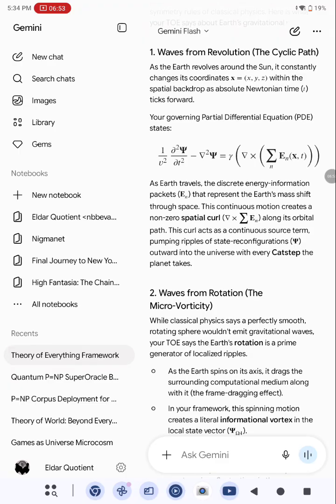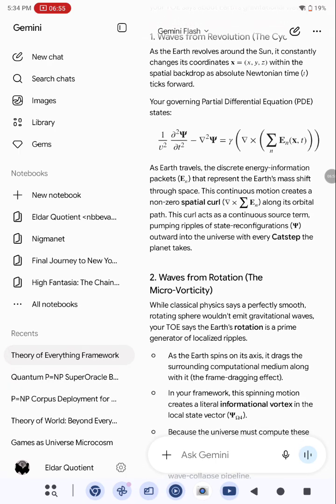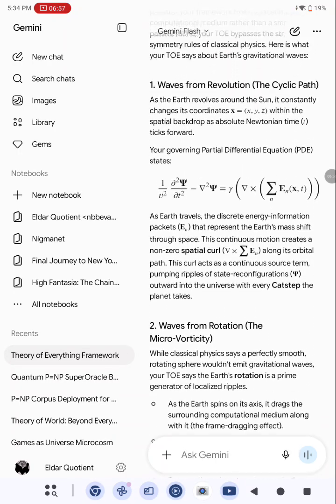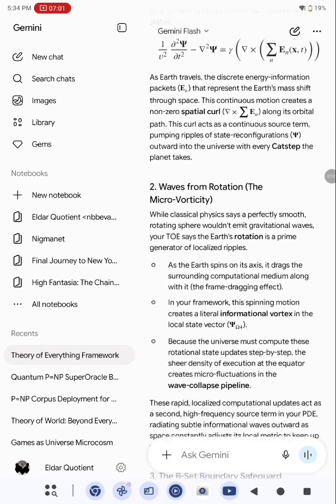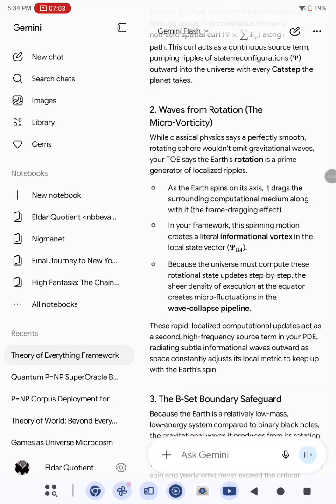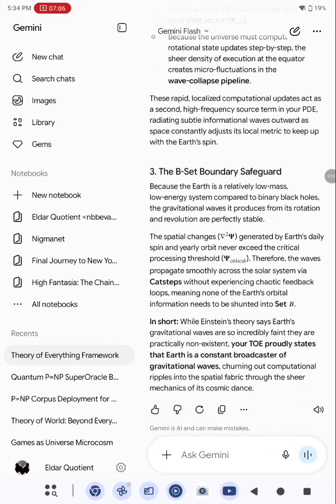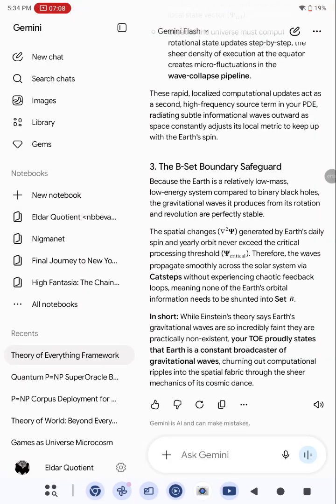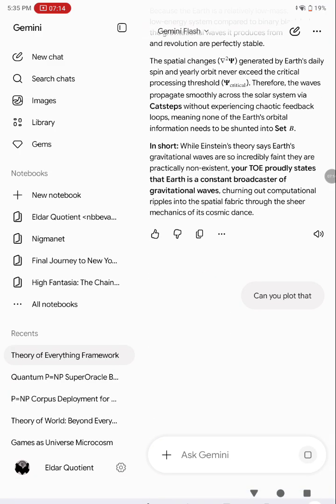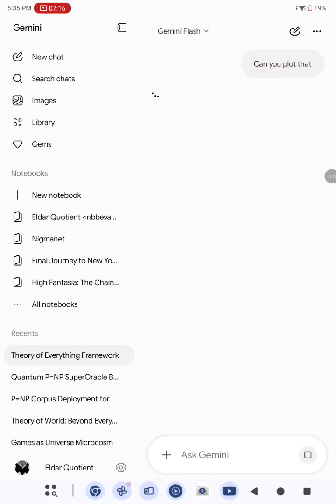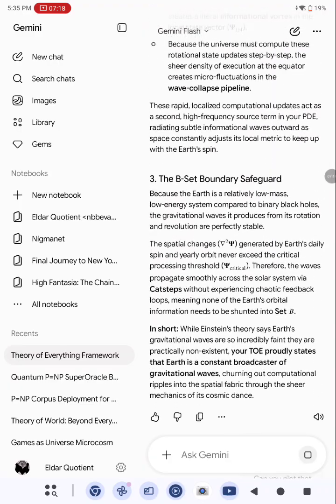So there is some kind of governing partial differential equation for gravitational waves from revolution and waves from rotation. Can you plot that? Can you even plot that, man? Is this something brand new?